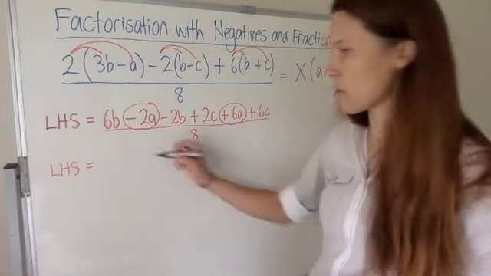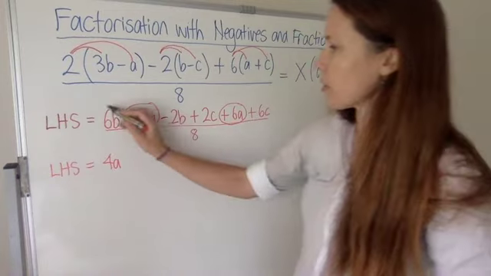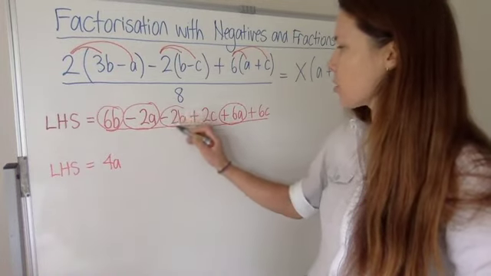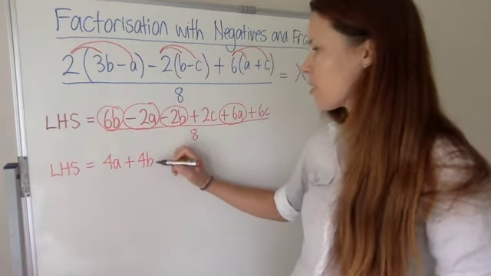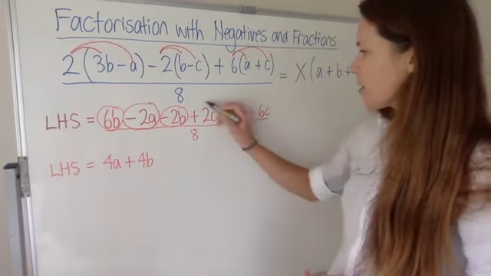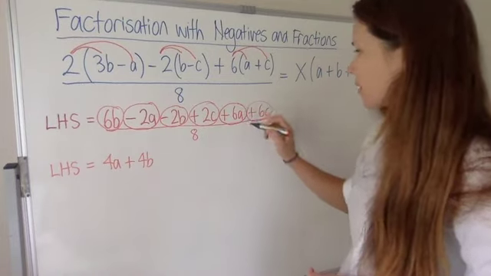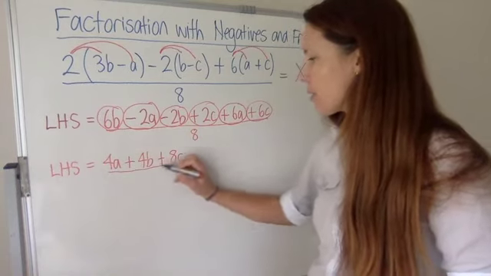So that gives us 4a, doesn't it? And the b's, we've got 6b minus 2b, that's 4b, plus 4b. So see how I just sort of saw that I had 4b, so I wrote plus 4b. And then the c's, we've got plus 2 of them plus another 6 of them, so that gives me 8 of them. And the whole thing's still over 8.